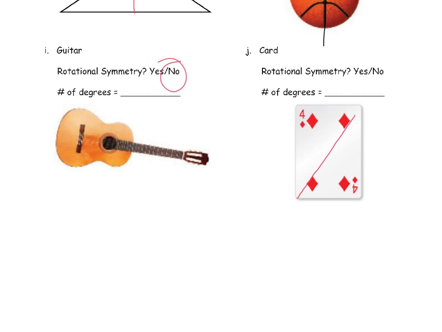If we go like that, that would fold one on top of the other, and I believe like so. So it's got 2 lines, kind of like the basketball situation. So yes, 360 divided by 2, 180 degrees would be its rotational symmetry.